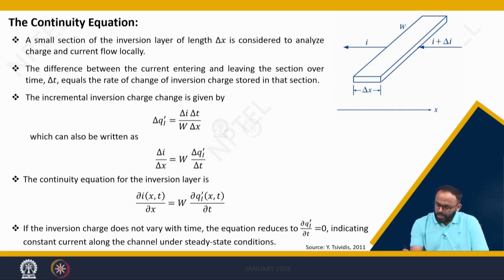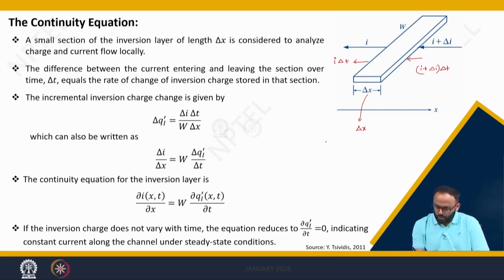Let us consider a small chunk of inversion layer of length delta x. The charge entering from the right side is (I plus delta I) into delta t, and the charge leaving from here is I delta t.